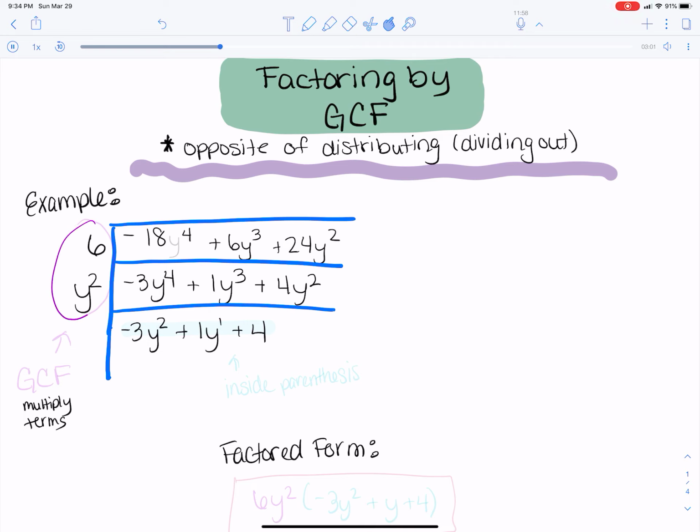So what we have on this left-hand side, on the outside, well, that is our GCF. And what we do with the GCF is we just multiply them together. Right, and then what we have on the inside here, that goes inside our parentheses.